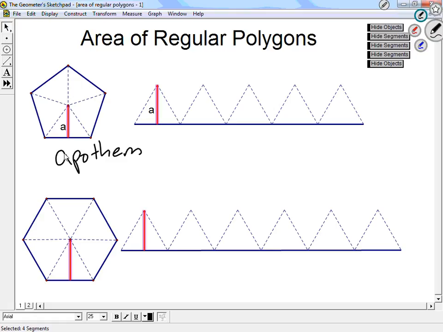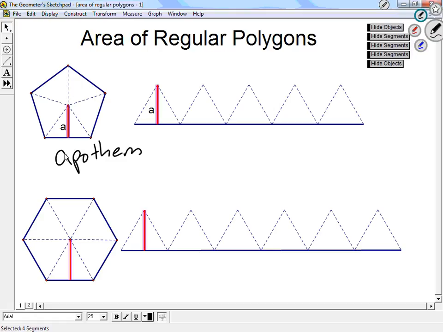Some people pronounce it one way, some others pronounce it another way. I don't know which one's the right pronunciation. You can ask your English teachers, and some of them will use one and some others will use the other. I've run into some math teachers that say no, it's this one, and then some others say no, it's that one. But I'm just going to go with the first one.